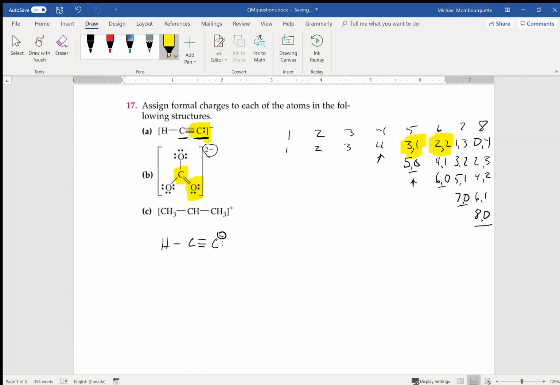It's good. The other 2 oxygens each have only 1 bond on them and 3 lone pairs. So those 2 oxygens look like a fluorine. They have a -1 charge on them.